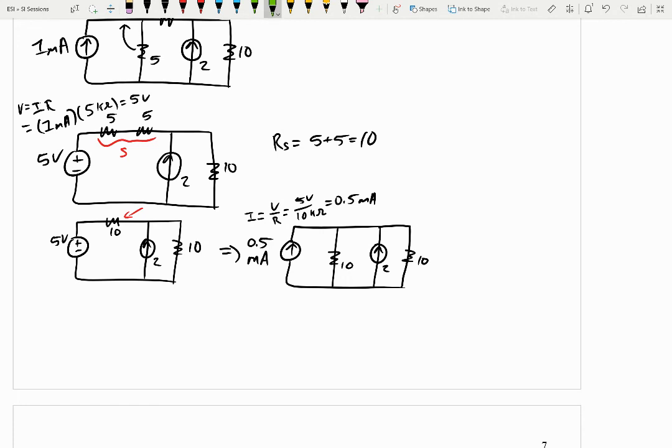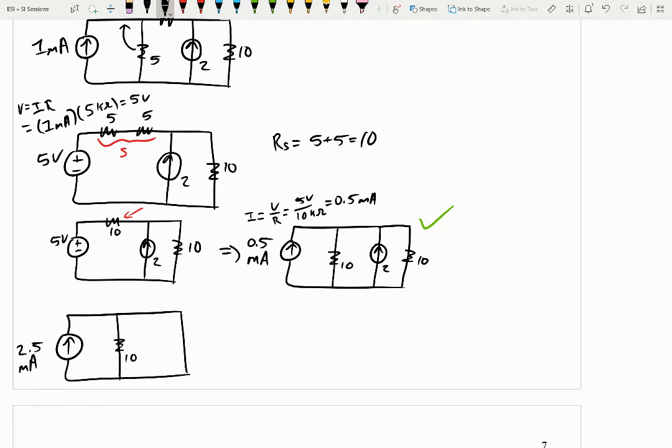Okay. Now let's look at it. Now this entire thing is in pure parallel because there's nothing blocking these branches in between. Okay. And I see I've got 2 going up and then 0.5 going up. So I'll redraw it. That gives 2.5 milliamps. Okay.